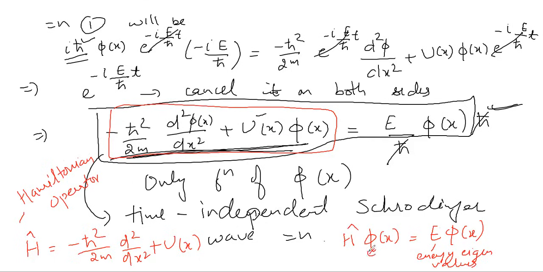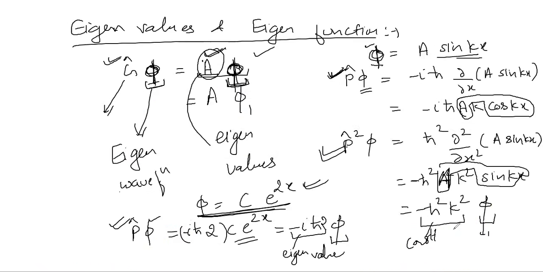And these will be your eigenfunctions. Let me repeat again, this is called the Hamiltonian operator, which will have a kinetic energy and a potential energy term, which basically corresponds to the energy of the system. And I'm saying that only those values are allowed in which you get the wave function back as it is.